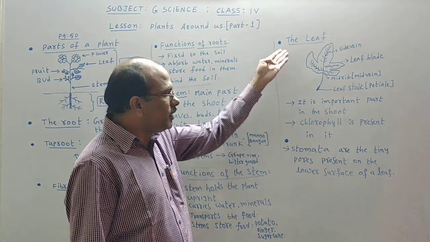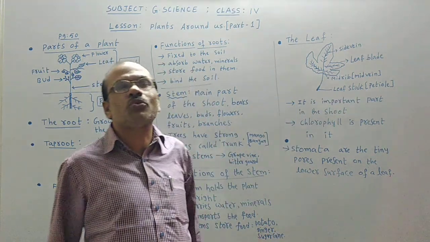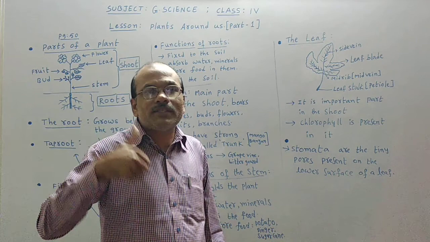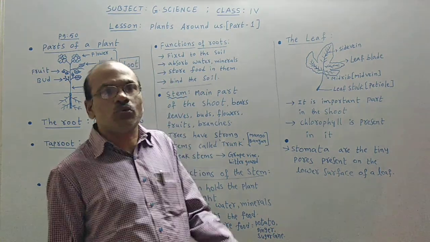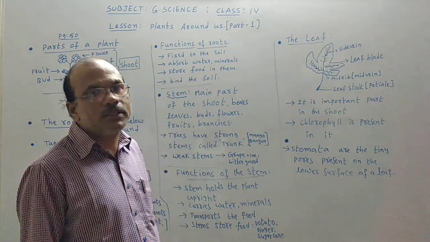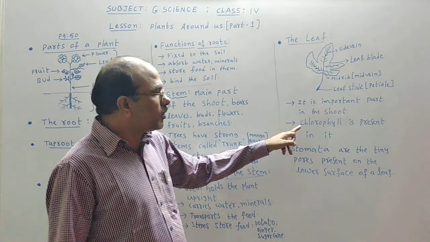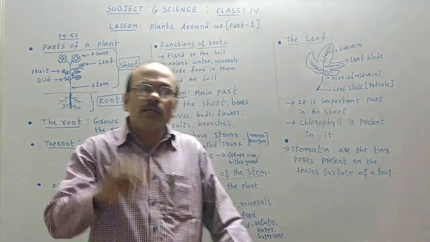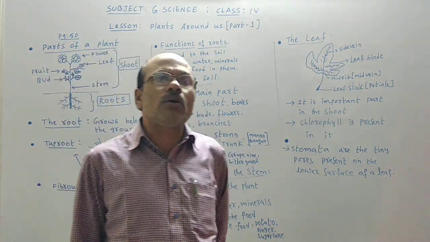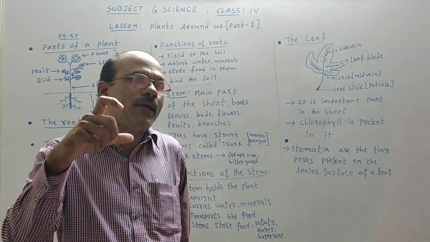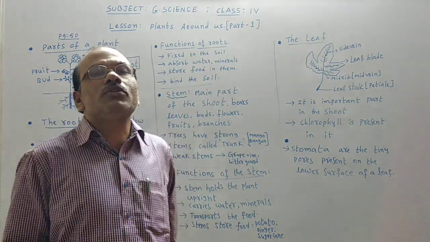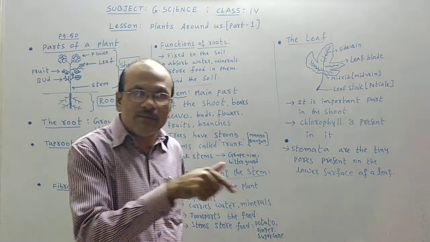Coming to this, the leaf is an important part of the shoot, as we have seen with the stem. Next, chlorophyll is present in it. In every leaf, there is chlorophyll.